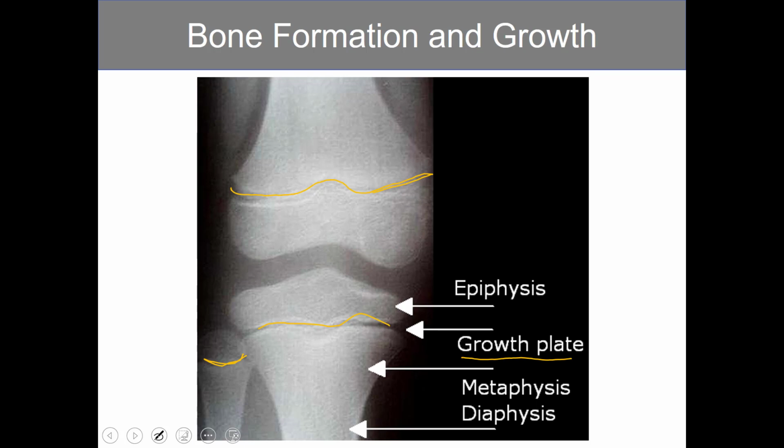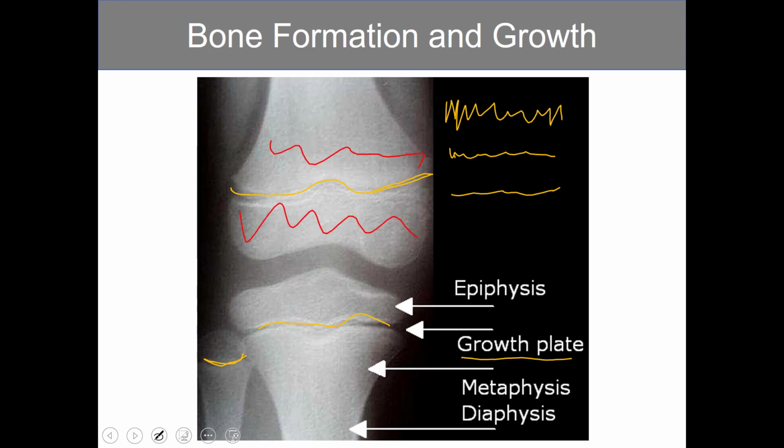At around puberty, this band of cartilage gets smaller and smaller and smaller until you get closure, where the epiphyses physically fuse with the diaphysis. And upon that closure, you get your epiphyseal line, which just basically represents where that cartilage once was.